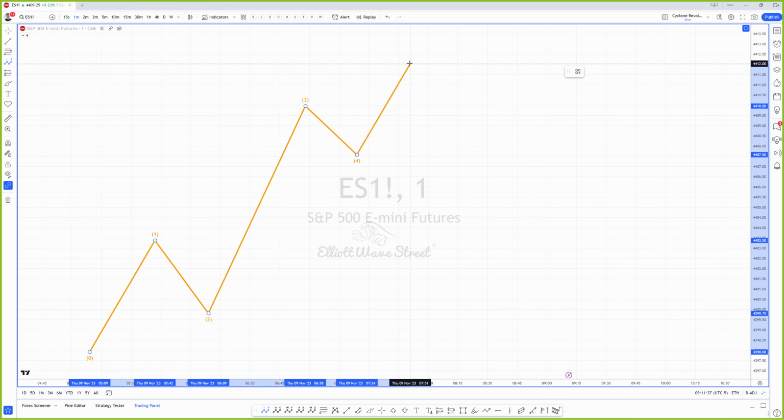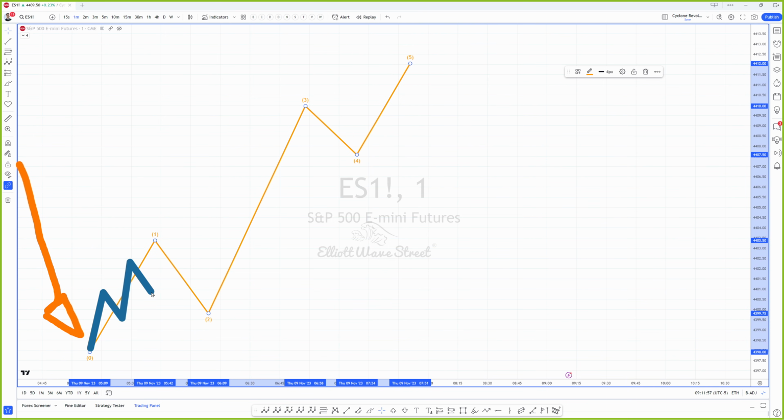Let me draw this here first. During the wave 1, of course, before, the price has been selling off. So the price sells off, you are trying to find the end of the trend, and eventually you start seeing a 5-wave sequence in the opposite direction. 1, 2, 3, 4, 5.